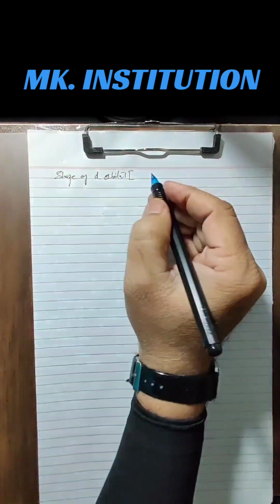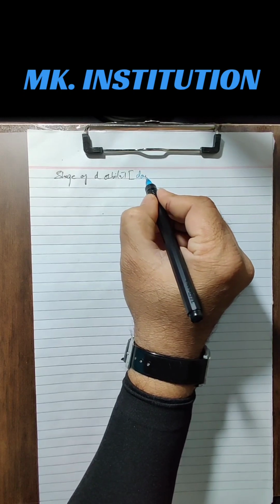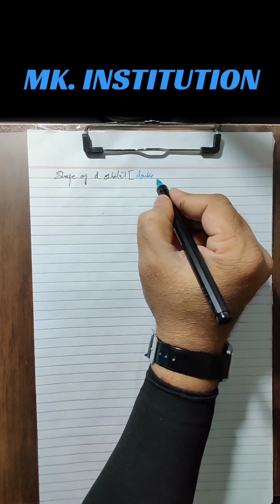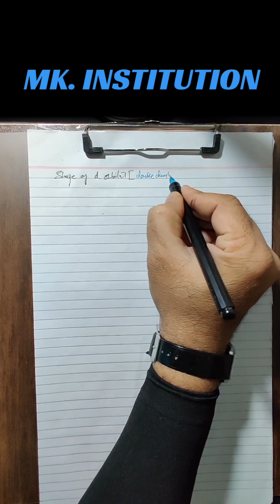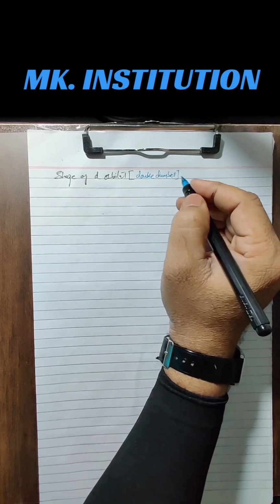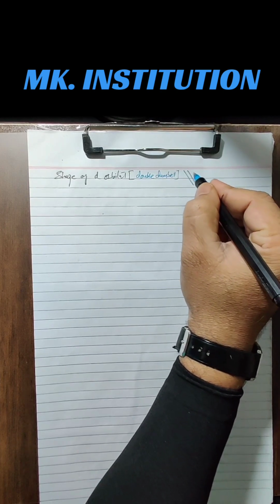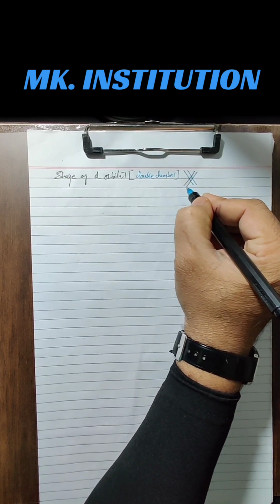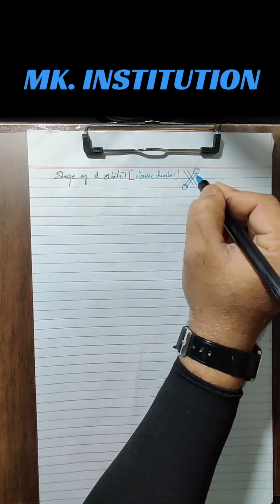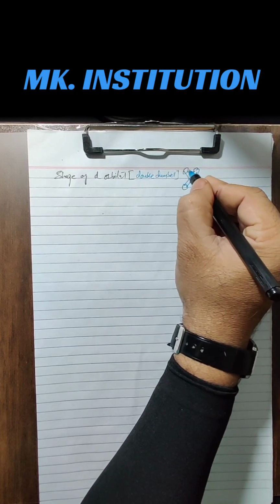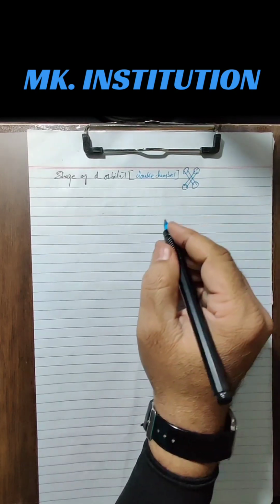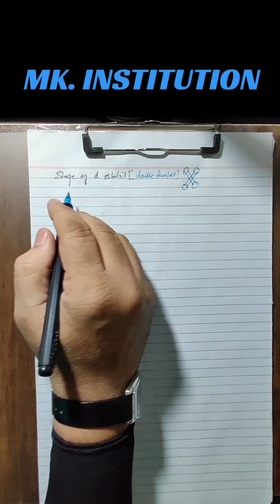It looks like a double dumbbell shape. Here one dumbbell and here one dumbbell. Okay, double dumbbell shape.